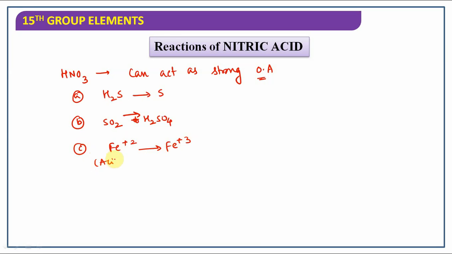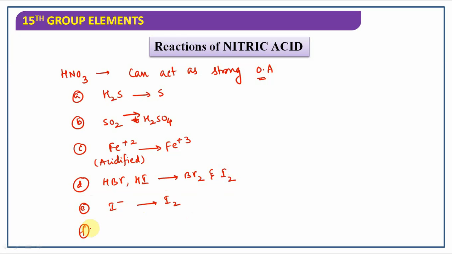And HBr and HI can be oxidized to Br2 and I2 respectively. I minus can be oxidized to I2.